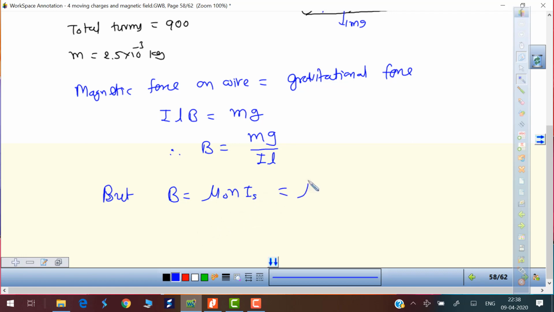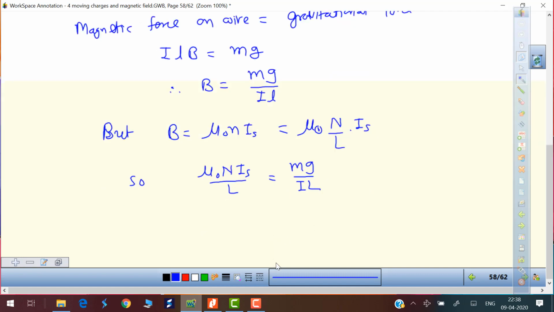And n is the total number of turns upon the length of the solenoid, into the current in the solenoid. So we write mu 0 N upon L into I is equal to mg upon IL.